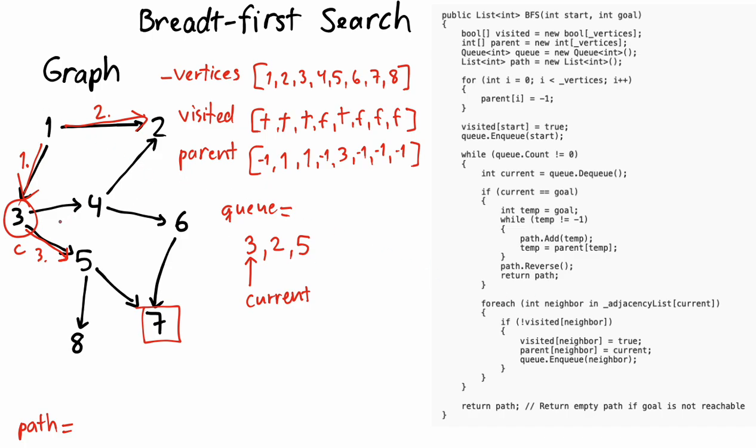Next we check the other connection from number 3, this one, and we are going to find node 4.